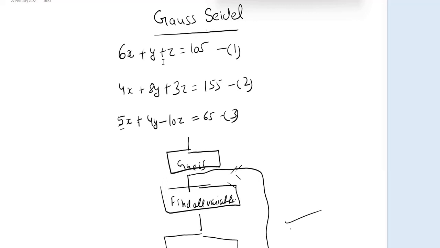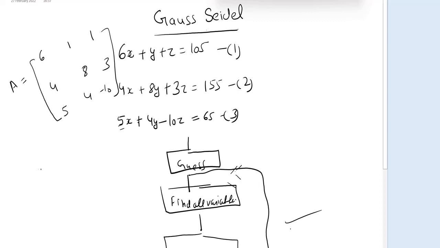So from here the coefficient matrix, which is A, is equal to 6, 1, 1, 4, 8, 3, 5, 4 and minus 10. This is the coefficient matrix, and y is 105, 155 and 65.